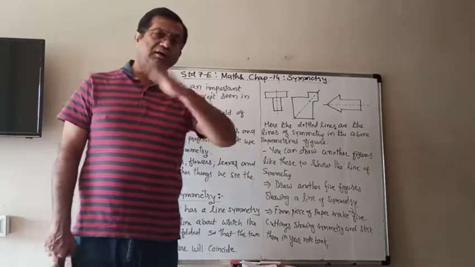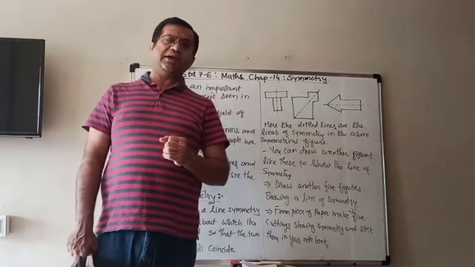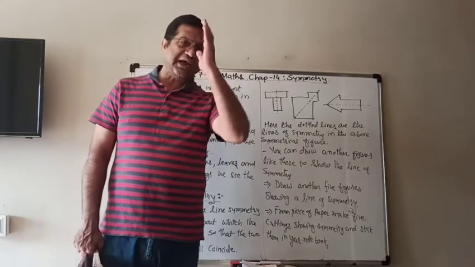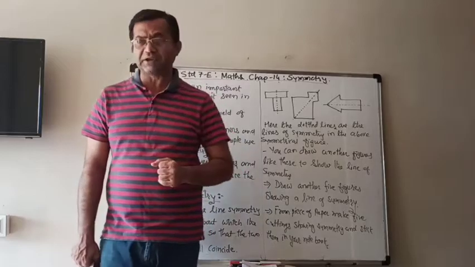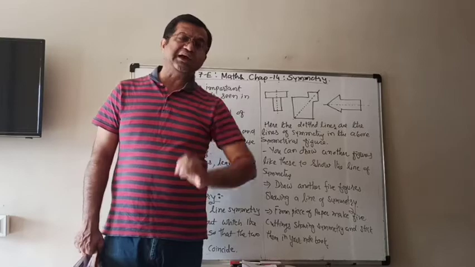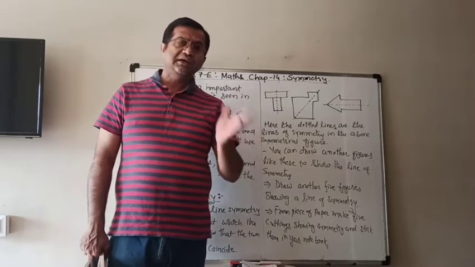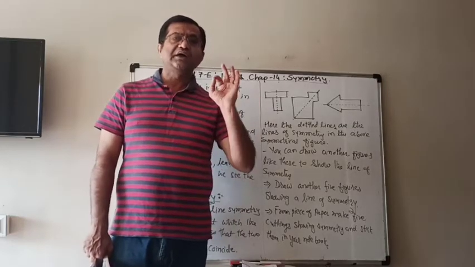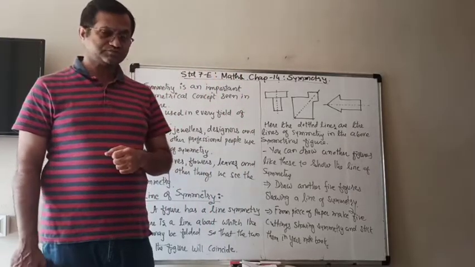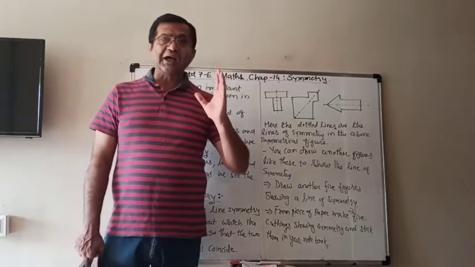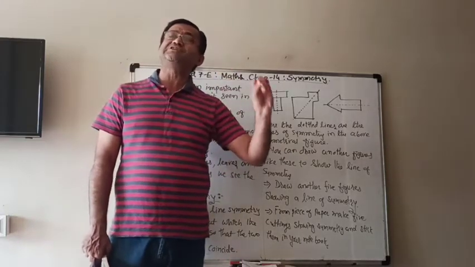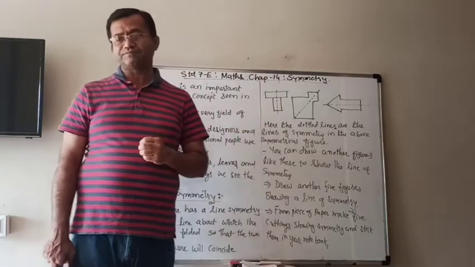In a chair, where we sit and take rest at your back, you will see the beautiful design, and that design will also be symmetrical. Means if you draw a straight line in the middle, then both sides the designs will be equal, symmetrical. So the idea of symmetry is used in so many aspects of our life.